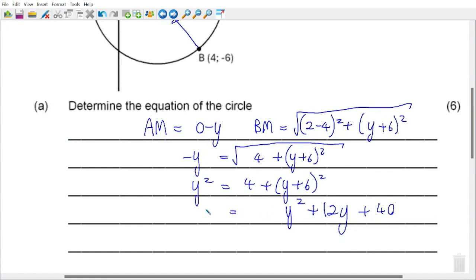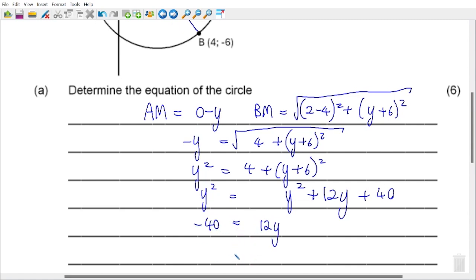And then over here I've got y squared. So in fact what I end up with is that 12y is negative 40. And so y is in fact negative 40 over 12. It actually simplifies to negative 10 over 3.